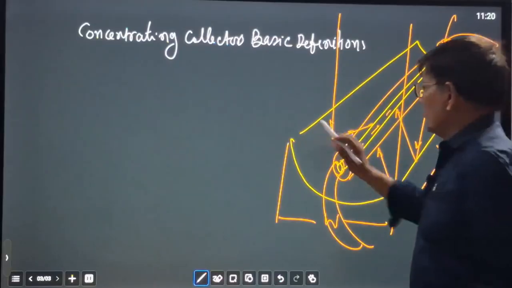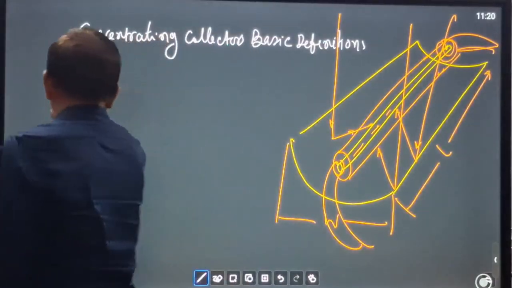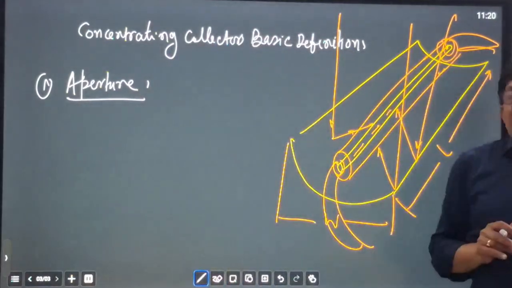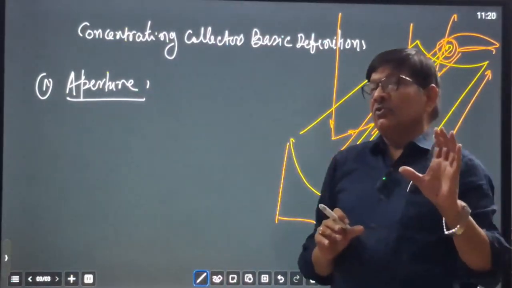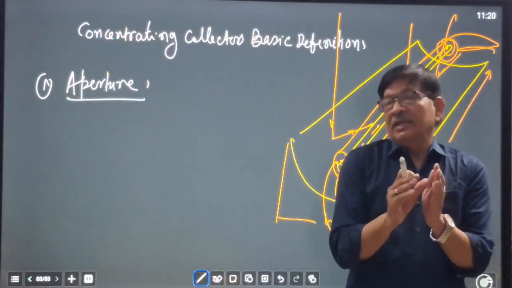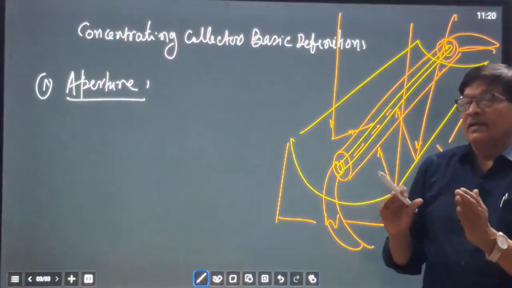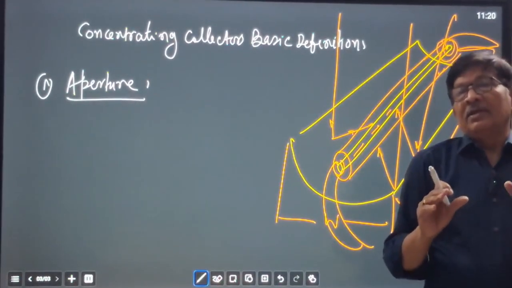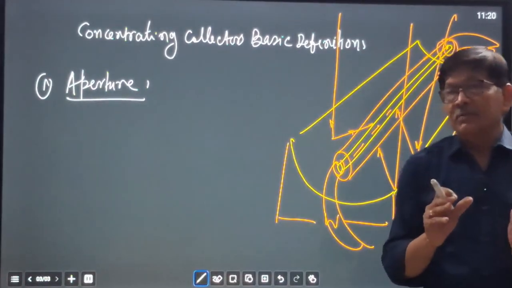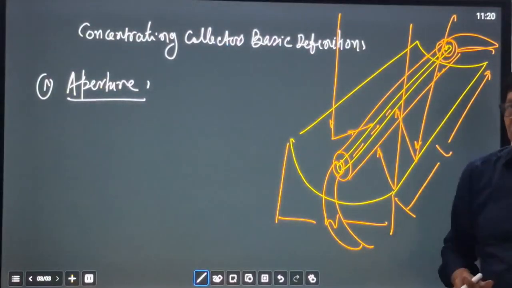This is a cylindrical parabolic collector, and here we have to define, number one, aperture. Aperture is nothing but the opening. You must have seen aperture, like lens aperture, the opening of the lens, the opening of this face. It may be cylindrical, spherical, circular or rectangular area. It is the opening through which incident radiation comes to the surface.